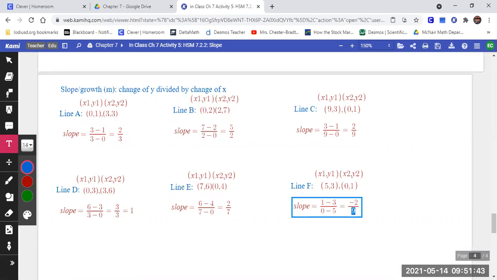Zero, take away 5, what do we get? Negative 5. Is this simplest form? No. What can go away? What gets simplified out? So how would we say this as a simplified fraction?